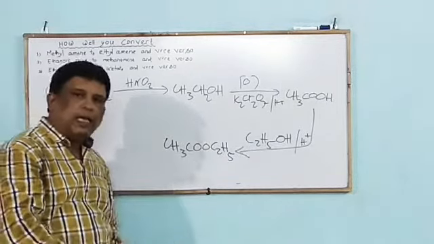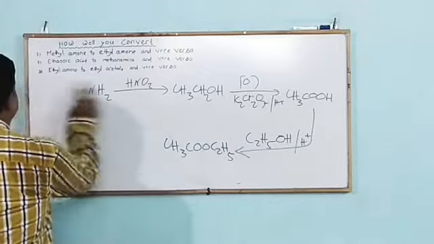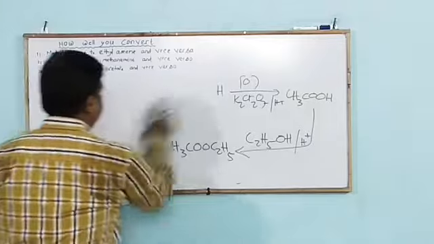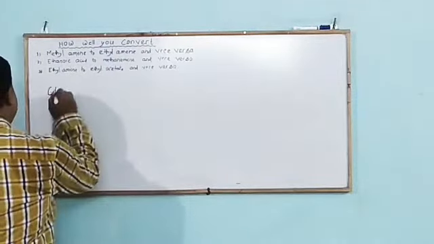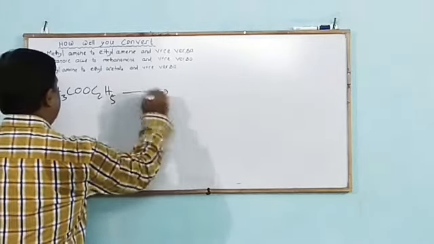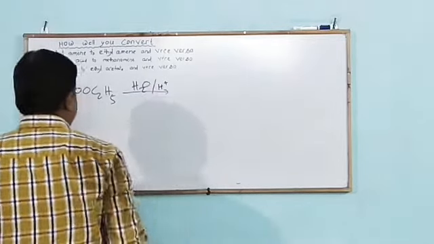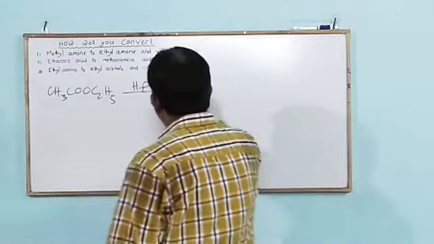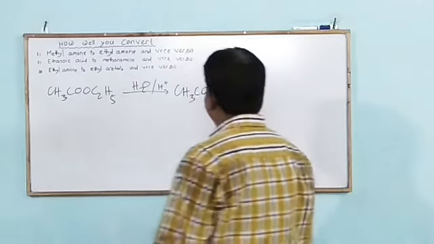Now ethyl acetate to ethylamine. Ethyl acetate CH3COOC2H5 undergoes hydrolysis in acid medium or simple hydrolysis to form acetic acid CH3COOH.